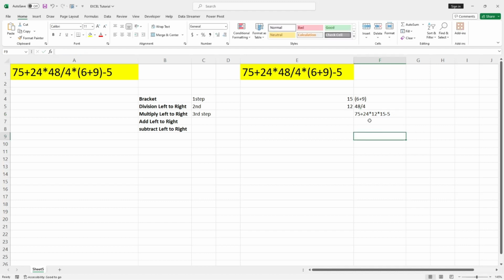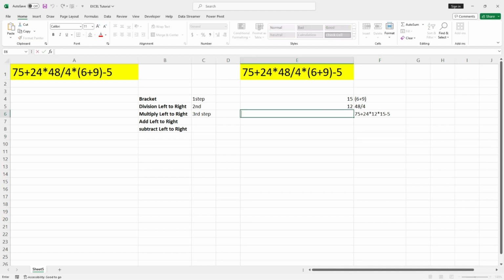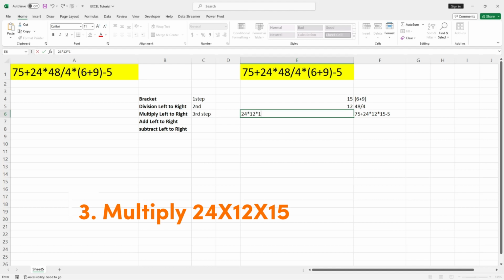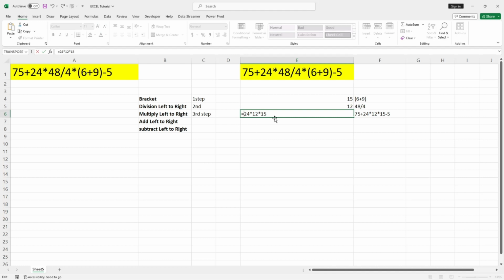Now, as per this operation, multiply left to right. So 24 into 12 into 15 will be calculated. I'll put equals so that I'll get the total here. 4320 is the total for 24 into 12 into 15.